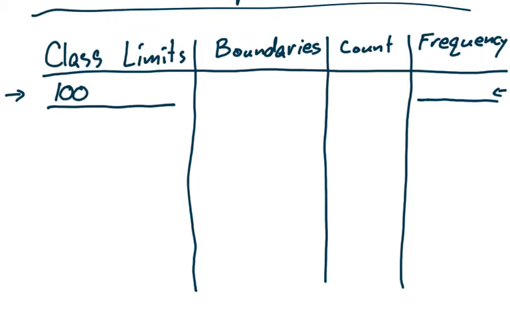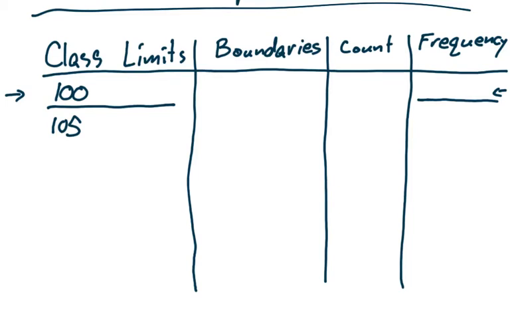Now, the class limit starting with 100, we want the width of this class to be exactly 5, but we don't want it to overlap with the other class. So we have 100 as the lower limit for our first class. The class width is 5, so we're going to add 5 to 100. That gives us 105, and that will be the lower limit for the next class, all right?